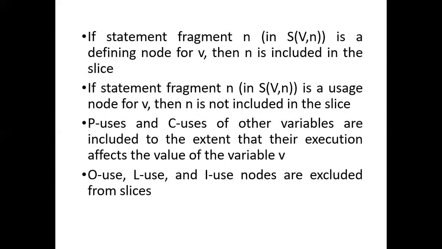So the first thing is, if statement fragment n in slice variable name and the line number is a defining node for V, then n is included in the slice. So it means, right?